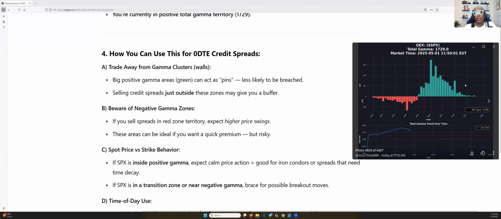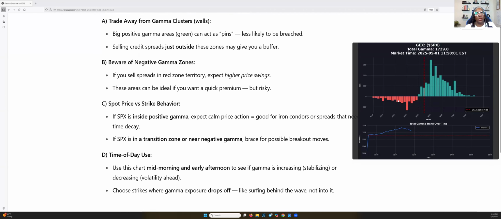So go above the big green zones, or go below them. If it's going to pin in these green areas, we could potentially iron condor in that area. Beware of the negative gamma zones, which are these reds. If you sell spreads in the red zone territory, expect higher price swings. These areas can be ideal if you want quick premium, but they're risky.